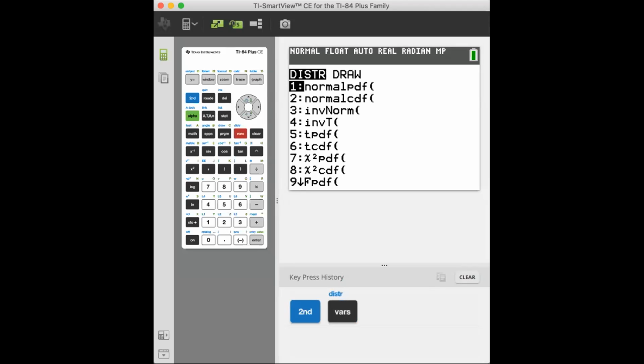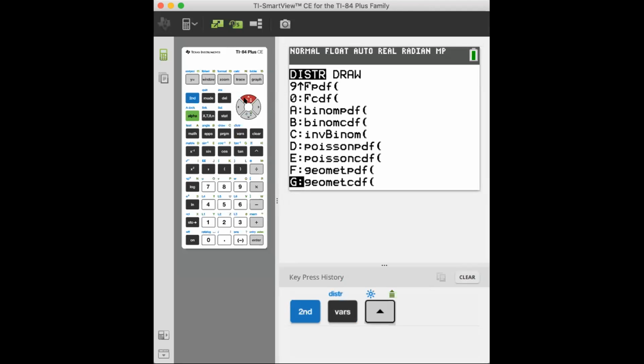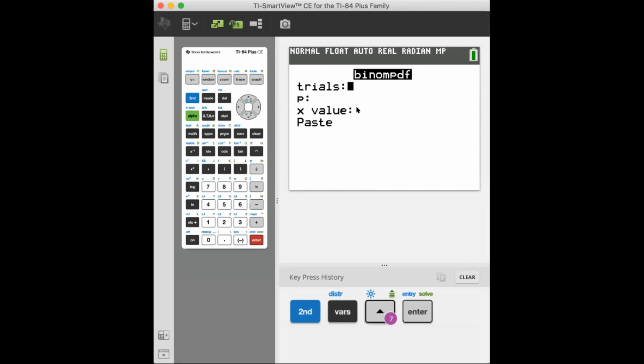On this menu, scroll up to get to the bottom of it, and then you see right here, A and B, we have binom PDF and binom CDF. I'm going to teach you how to do binom PDF and CDF today. So binom PDF, if you click enter, it asks you how many trials.